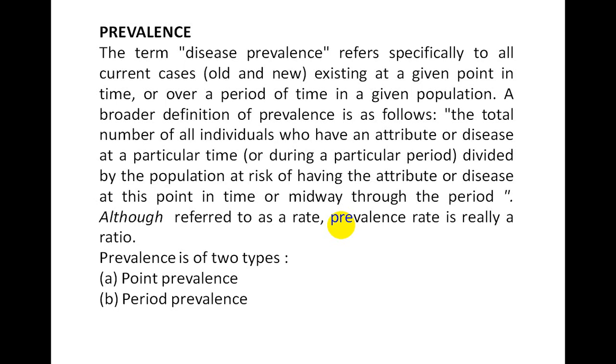The broader definition of prevalence is the total number of all individuals who have an attribute or disease at a particular time or during a particular period divided by the population at risk of having the attribute or disease at this point in time or midway through the period. Although it is referred to as a rate, prevalence rate is really a ratio. There are two types of prevalence: point prevalence and period prevalence.